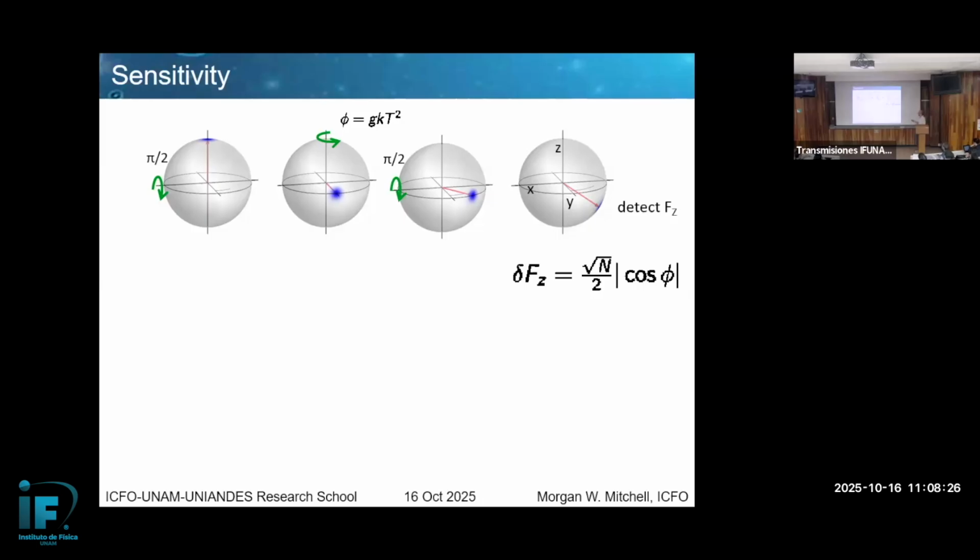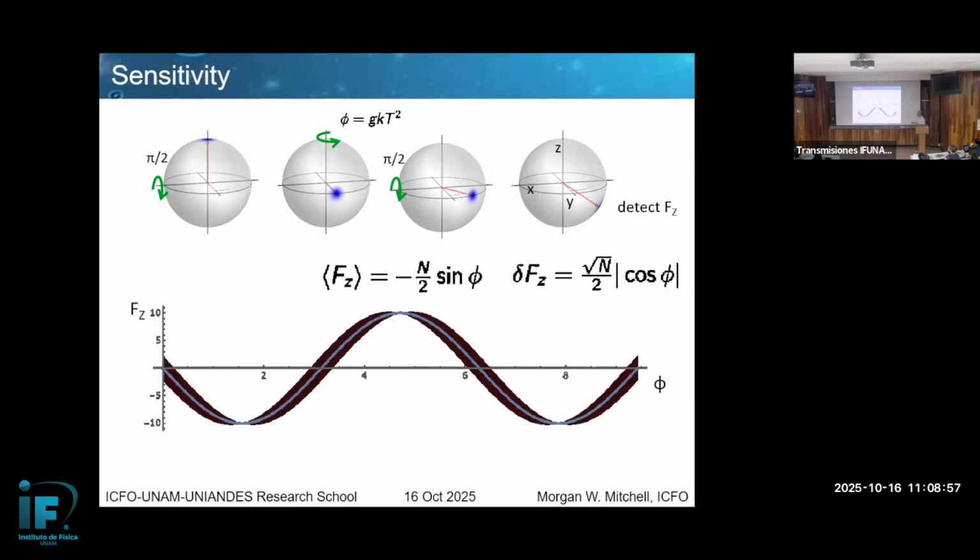And we can say something now about the sensitivity to this angle, and thus to gravity, which is what we're trying to measure. We can calculate the uncertainty on Fz by rotating this uncertainty ellipse so that it's in that position. We can calculate the average, also doing this rotation, and we get these trigonometric functions. This is something that we get from the many atom representation, and now we can apply those.